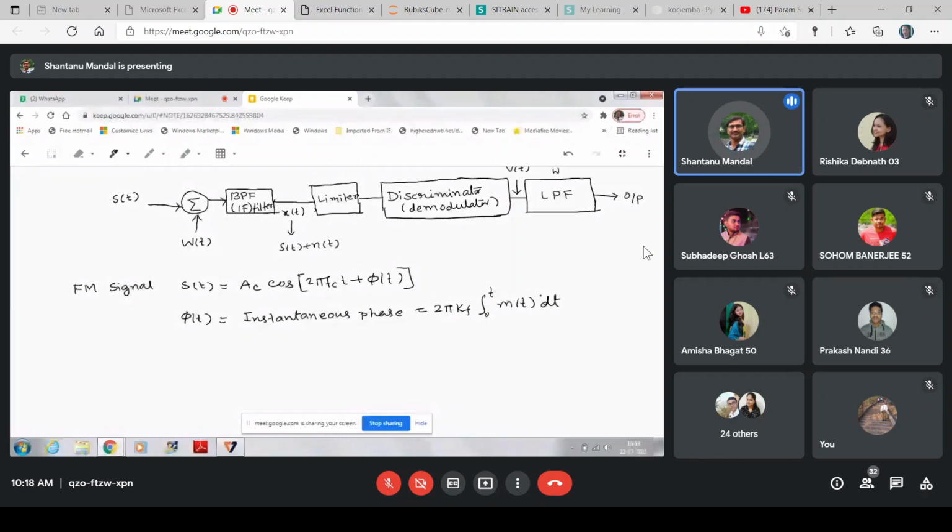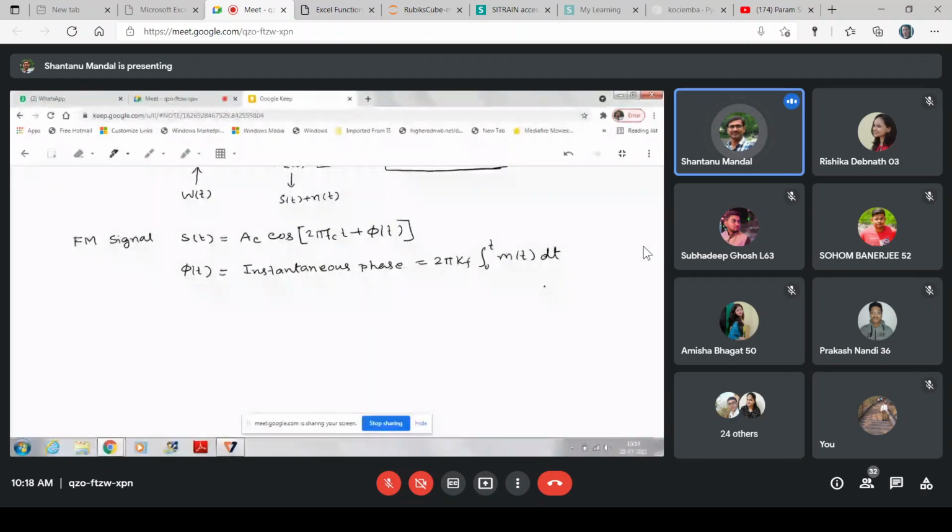Now the noise. This is white noise, and when it is passed through the band pass filter, which is a narrow band filter, n(t) can be written as n_I(t) cos(2 pi fc t) minus n_Q(t) sin(2 pi fc t). Here n_I(t) is the in-phase component of the noise and n_Q(t) is the quadrature component of the noise.